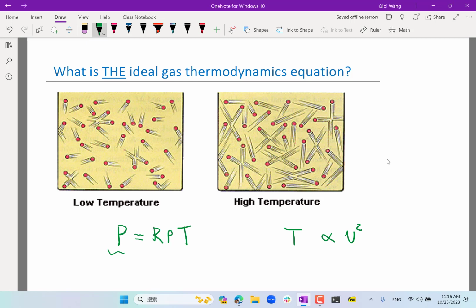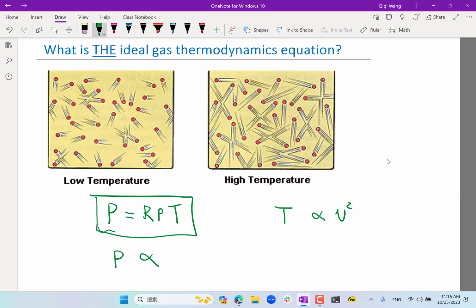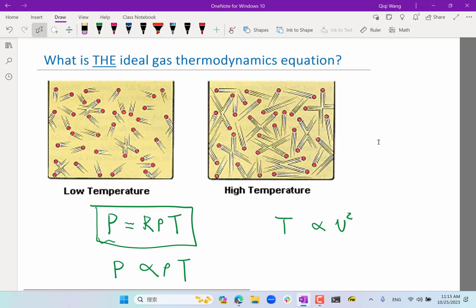So that's basically what this equation is. I would just write it as P being proportional to rho times T. That's the equation I think you need to remember. And let's start with this equation and see if we can derive all the other important stuff in thermodynamics.